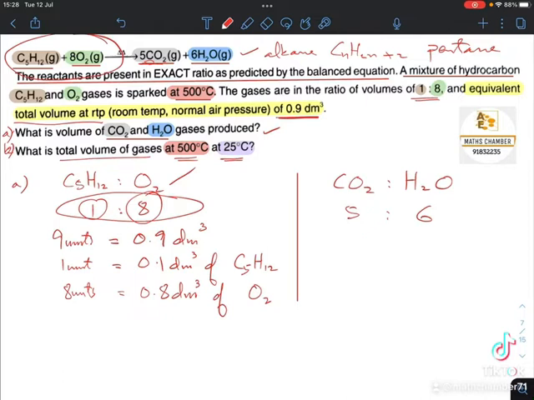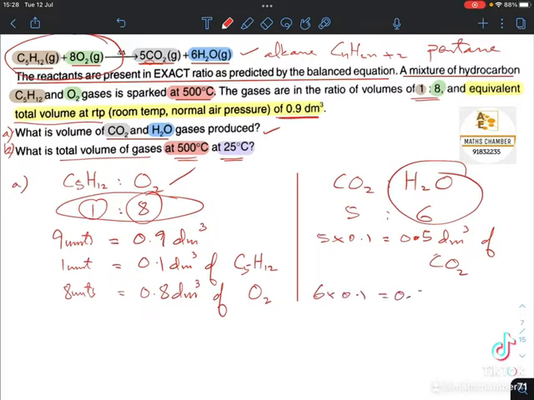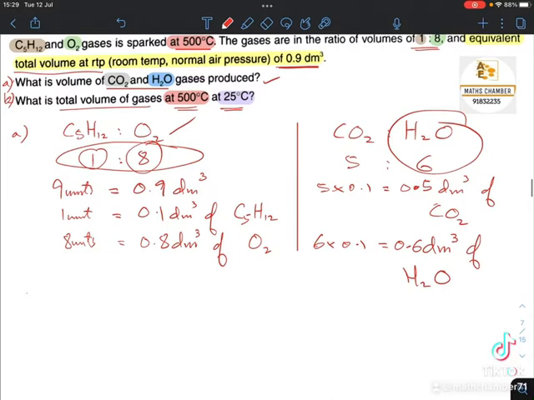That means 5 multiplied by 0.1 will give you 0.5 cubic decimeter of carbon dioxide, CO2. And water will be 6 units, so 6 multiplied by 0.1 will give you 0.6 cubic decimeter of water. That's all.